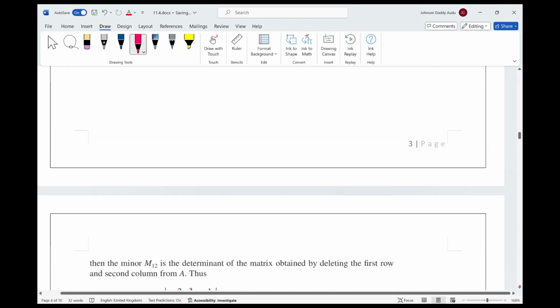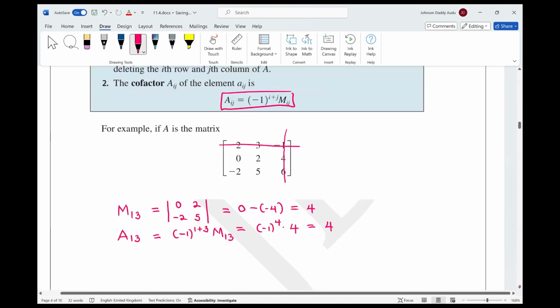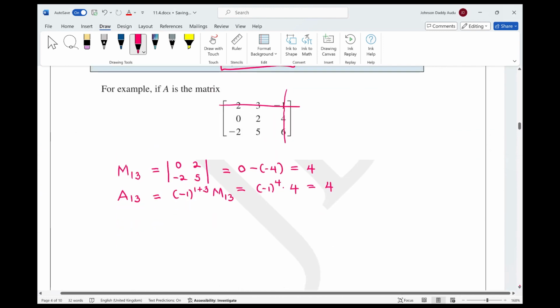But let's see if we take another one. Let's now calculate M23. If you want to find M23, delete the second row and delete the what? The third column.